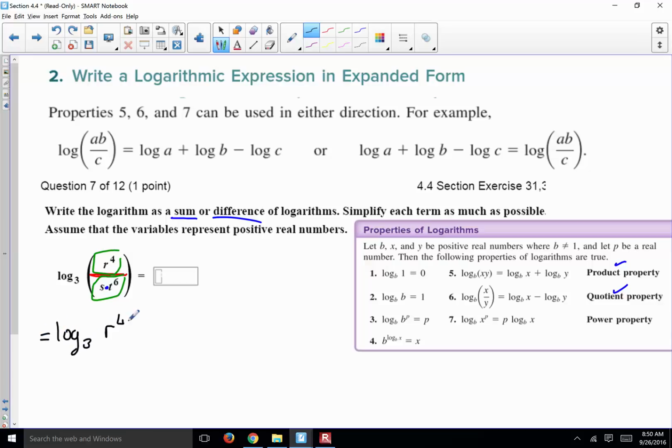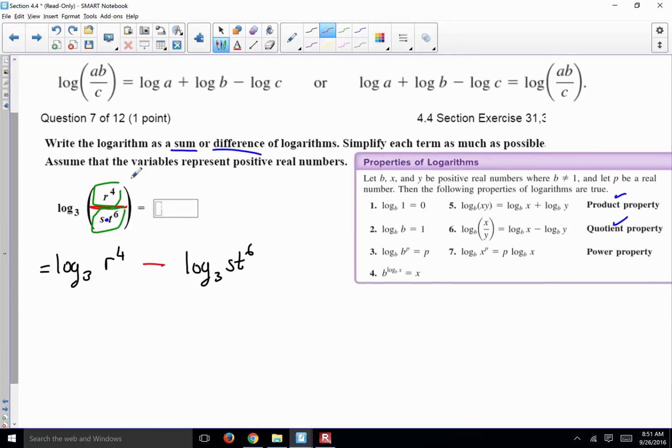So I separate top, I separate bottom with what? With a minus. Okay, next. What rule can I apply to reduce the first one? Power rule number 7. We can bring this power in front.